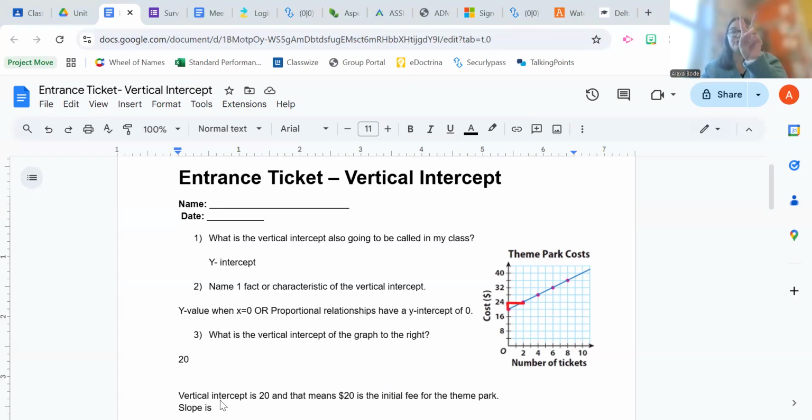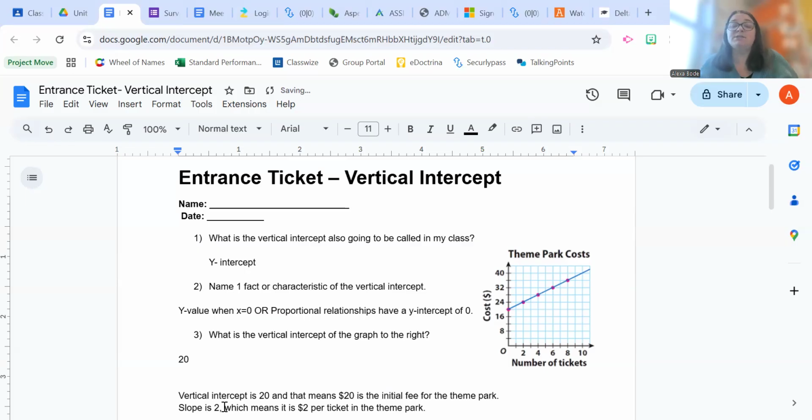So that is a slope of 2. 4 divided by 2 is 2. So the slope here is 2, which means it is $2 per ticket in the theme park.